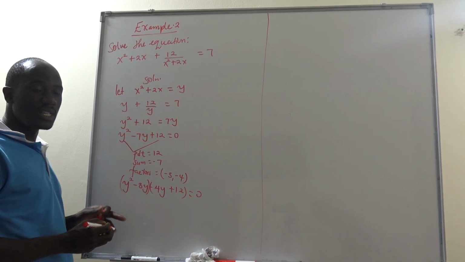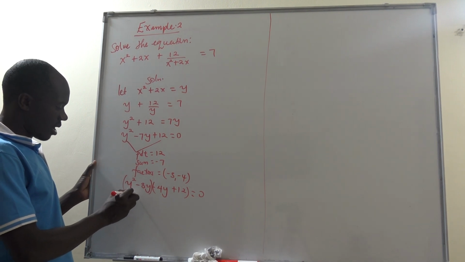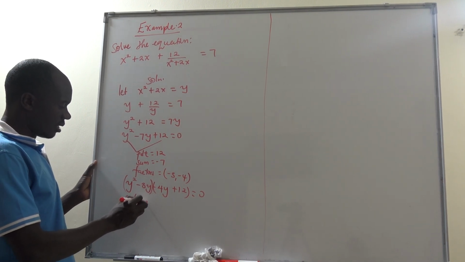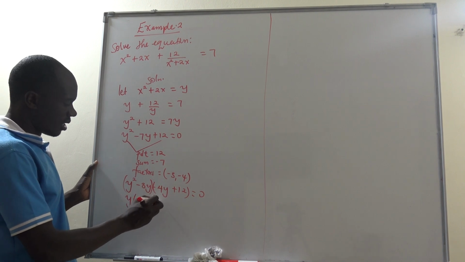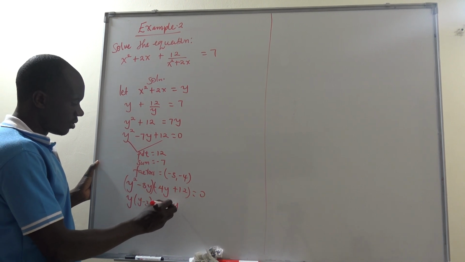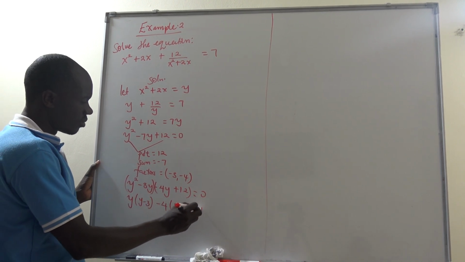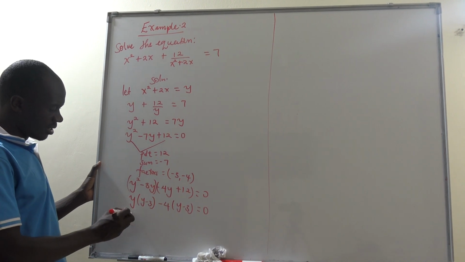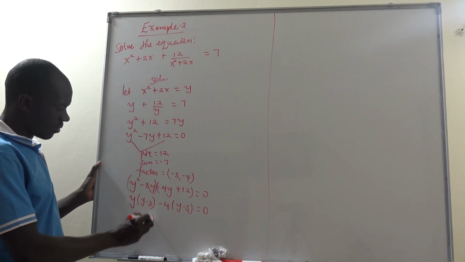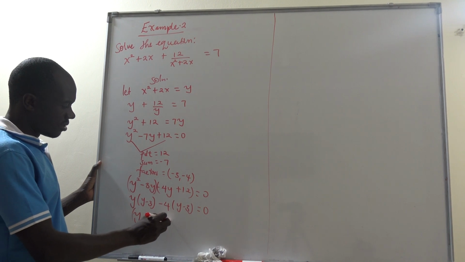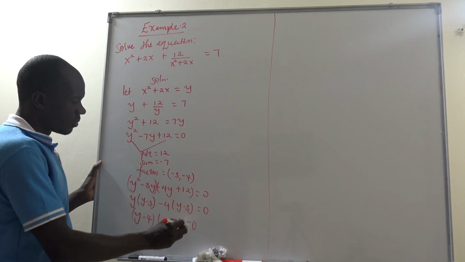In the first pair, what is common is y: y into y minus 3. Again, what is common here is -4 into y minus 3 equals 0. So we write y minus 4 into y minus 3 equals 0.